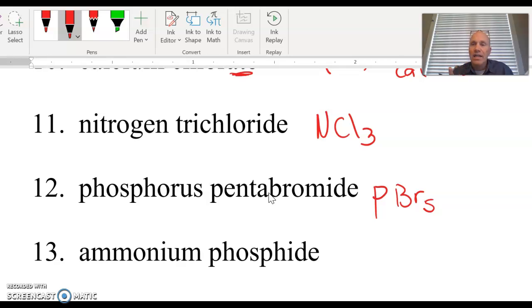The di would be fine even if you mistook the chromium for an atom by itself, but remember that di is part of the name of that polyatomic ion. It's not used in the same way as these prefixes right here. So the prefix di in dichromate does not count as a regular prefix.